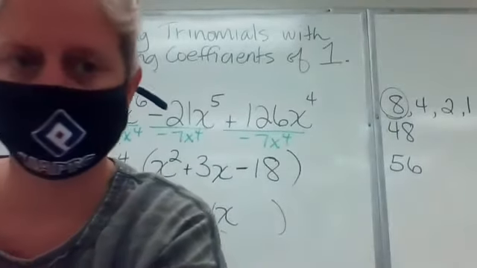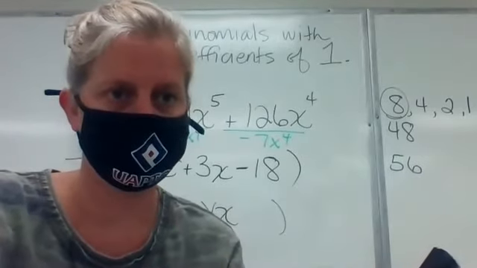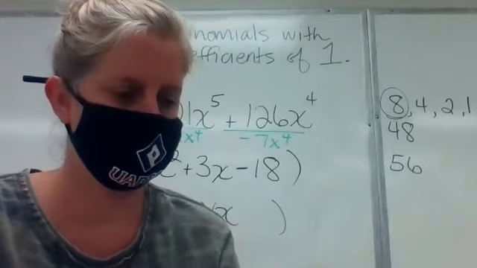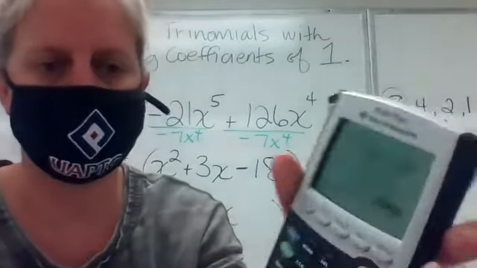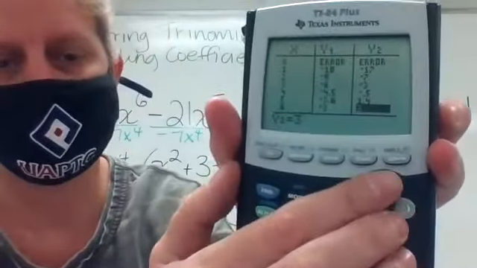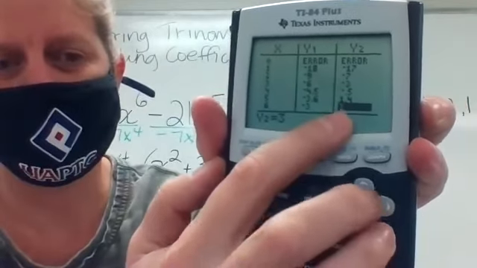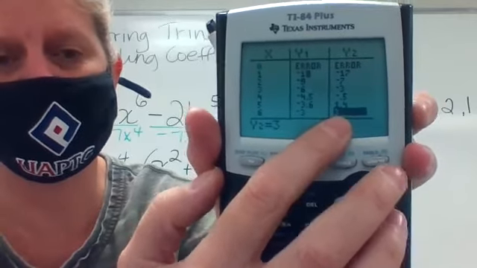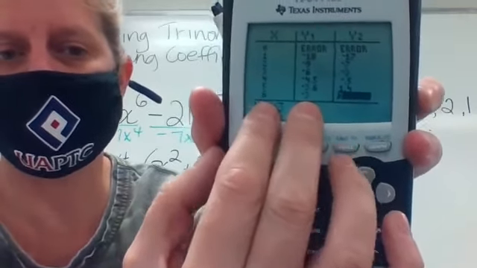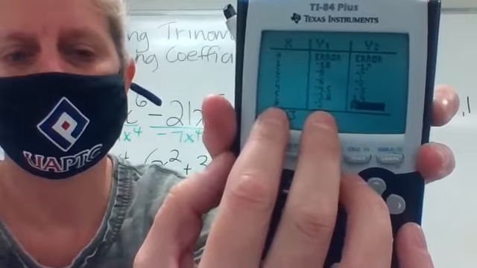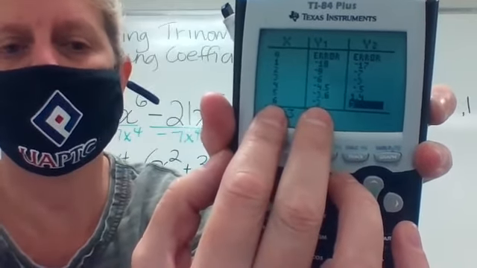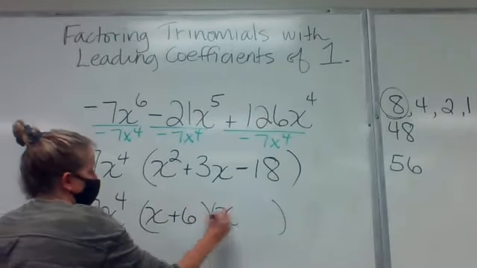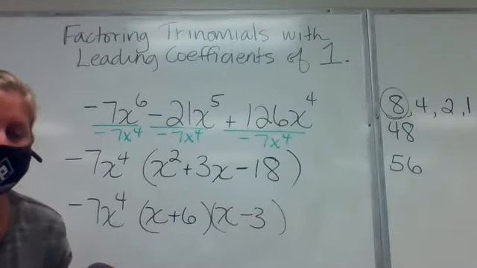Hang on. Oh, because I need to go down, not up. My bad. So, there's my positive 3 in my last column, which means what numbers do I need to use? I need to use positive 6 and negative 3. So, positive 6, negative 3.